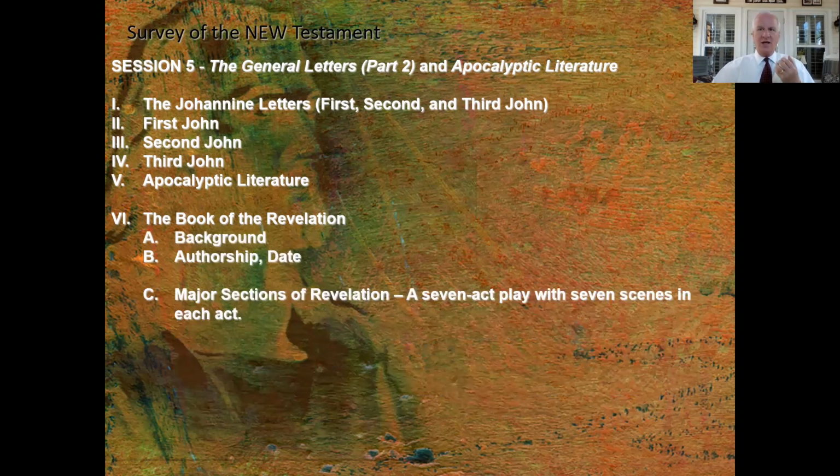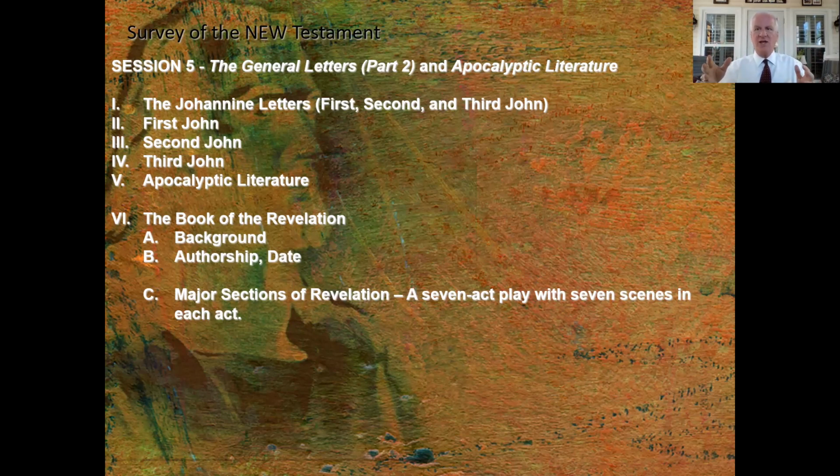The way I look at the book of Revelation is that it is a highly symbolic drama that is played out in 7 sections. Notice everything is in groups of 7. Just as we saw the Gospel of John was grouped around the 7 I am sayings of Jesus and the 7 signs of Jesus.